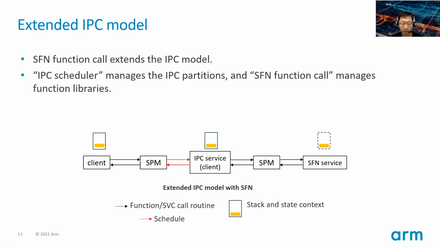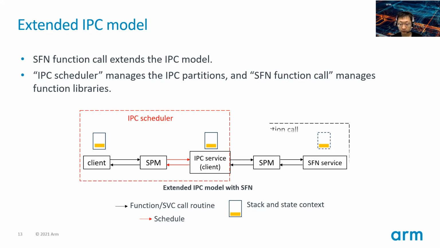The SFN model can work together with the IPC model as an extension. The IPC scheduler in SPM manages the IPC partitions, and SPM also manages the service function libraries for SFN. The red box on the left is the existing IPC model in TF-M.